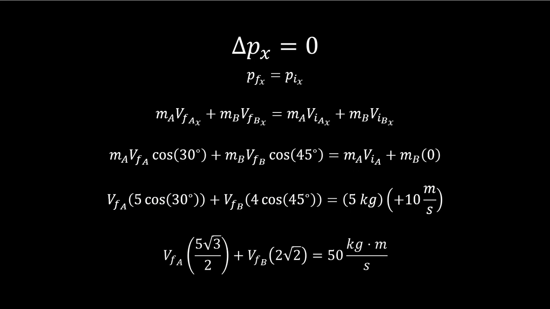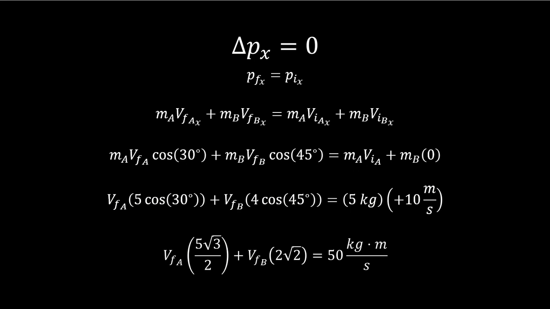Now, what are these final velocities of A and B in x? Well, that's just the x component of that velocity vector. That can be changed into the total magnitude Vf of A or Vf of B multiplied by the cosine of their angle of redirection after collision.